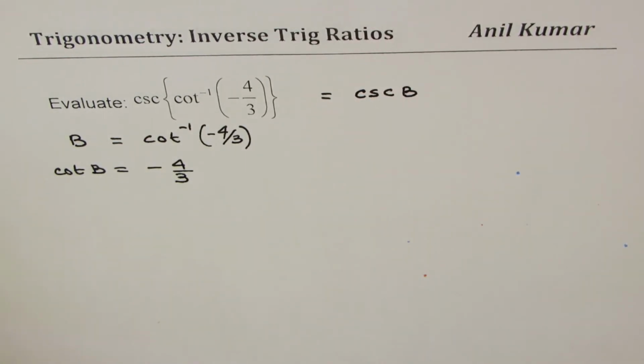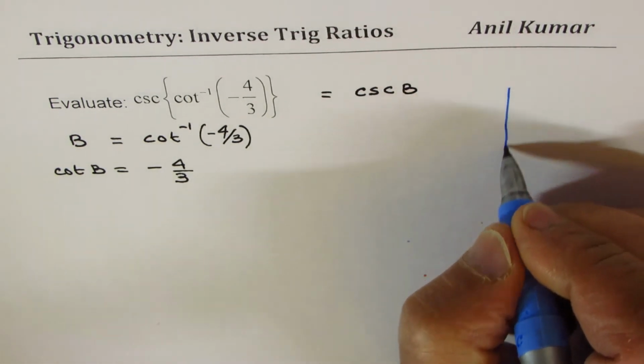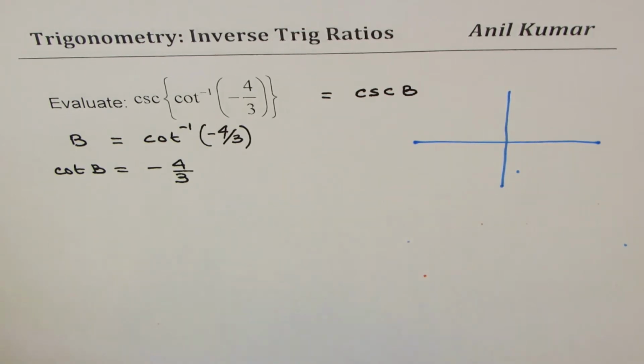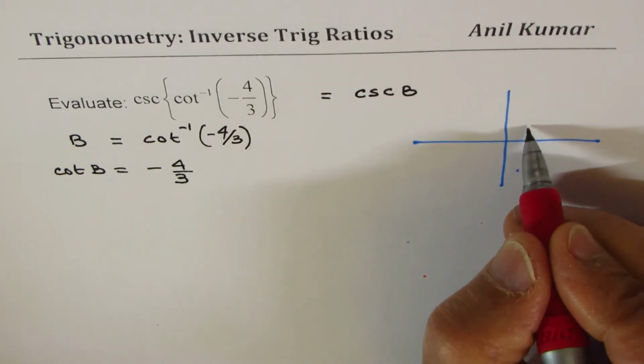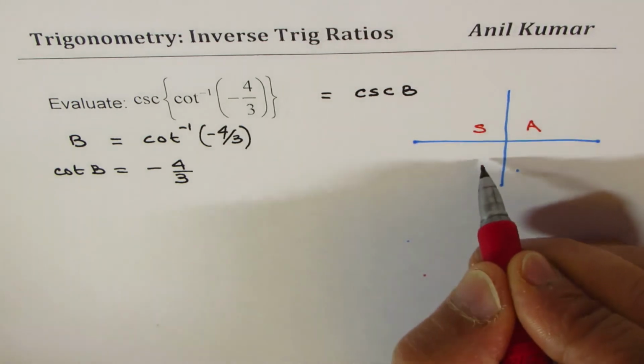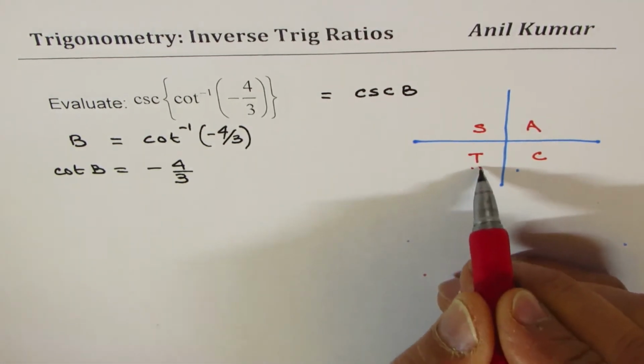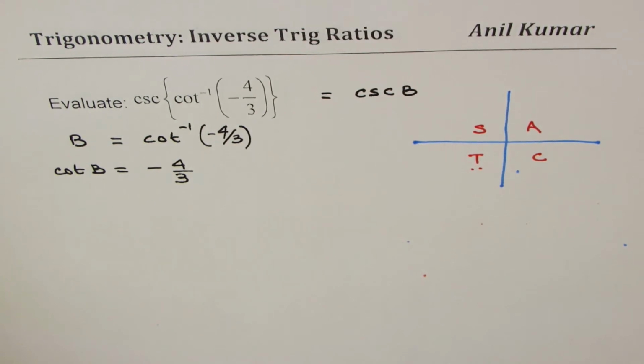Now as soon as I say that cot B is negative 4 over 3, then I am also implying that B could be the angle in which quadrant? Now all are positive here: sine, tan and cosine. Cotangent means reciprocal of tan.